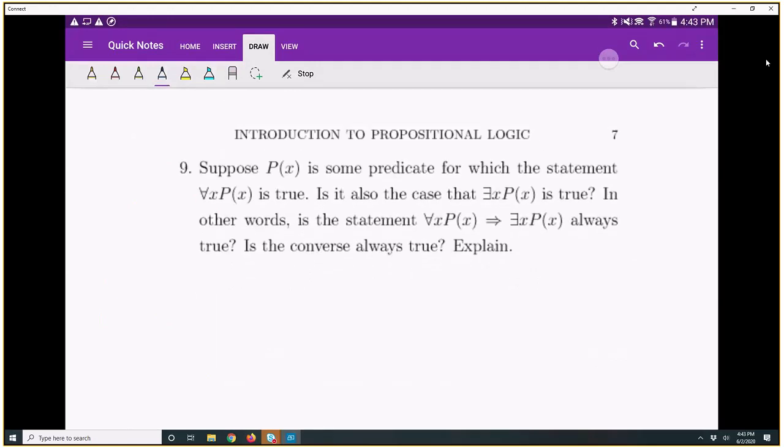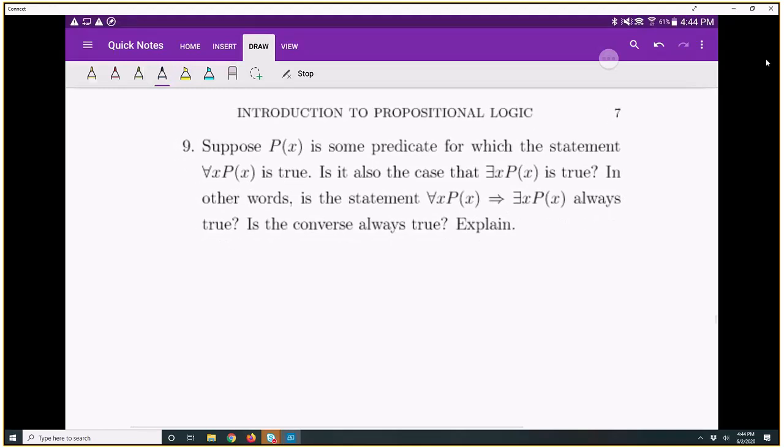Now suppose that p of x is some predicate for which the statement for all x p of x is true. Is it also the case that there exists x such that p of x is true? Let's think about this. Say we have a domain like the natural numbers, and we know that for all natural numbers a proposition is true. Does that mean that there exists a natural number such that it is true? In general it does.